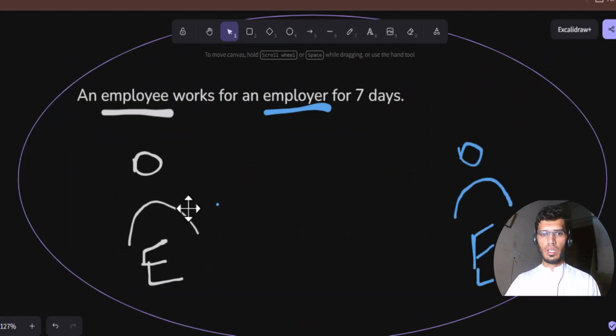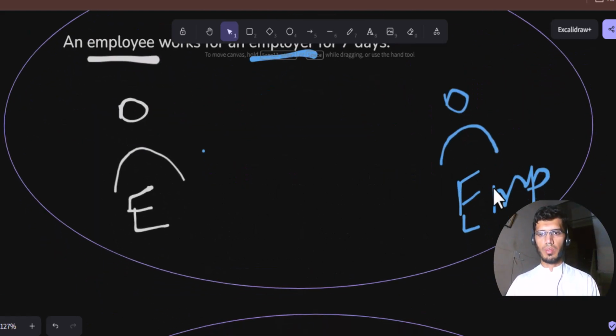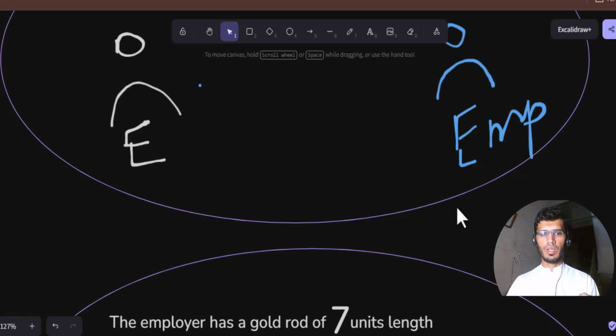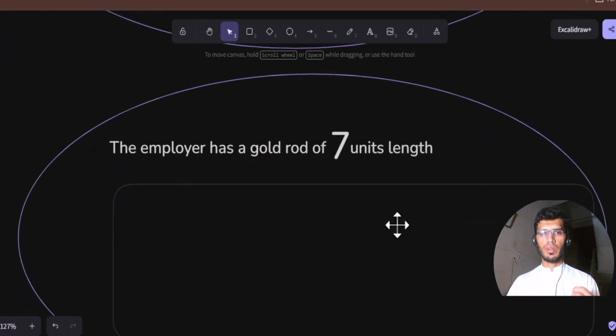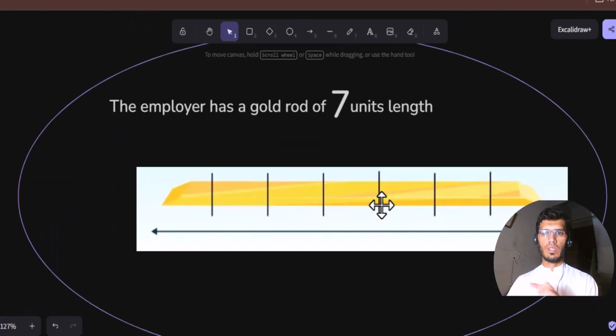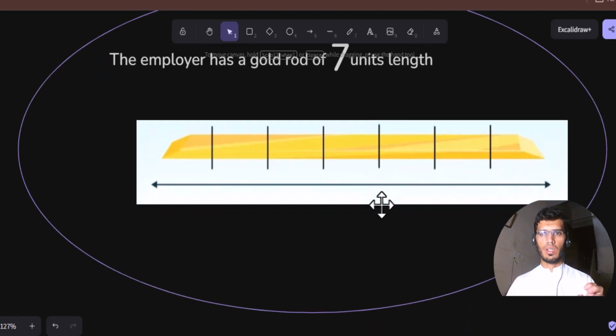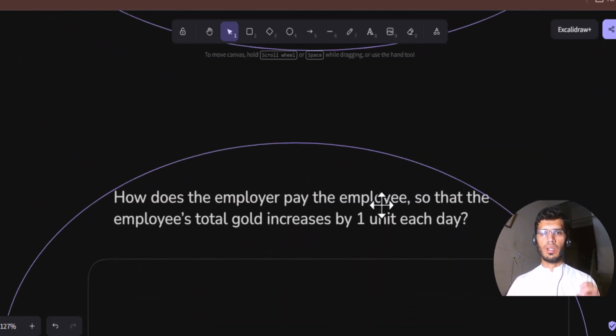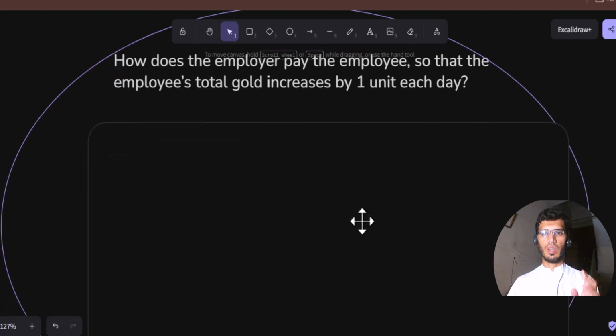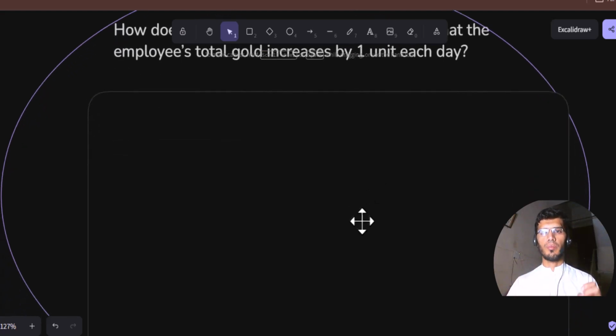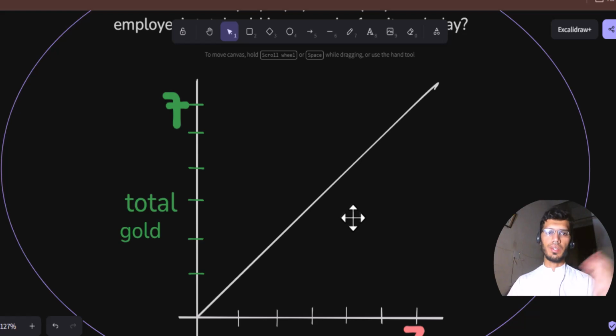Suppose this is an employee and this is an employer, and the employer has 7 units of gold. Another constraint is that you have to pay your employee in a linear fashion.